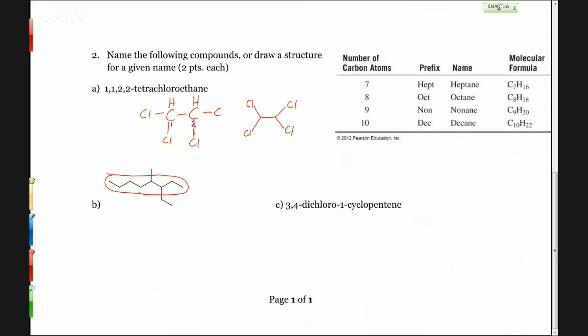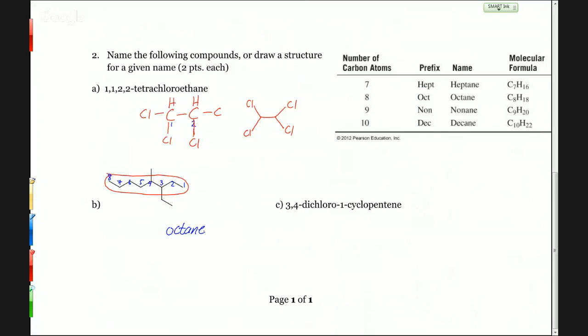What do you think? Yeah, we're going to go right to left because the substituents are closer to the right side. So that's 1, 2, 3, 4, 5, 6, 7, 8. That makes this octane if we look up at that chart.